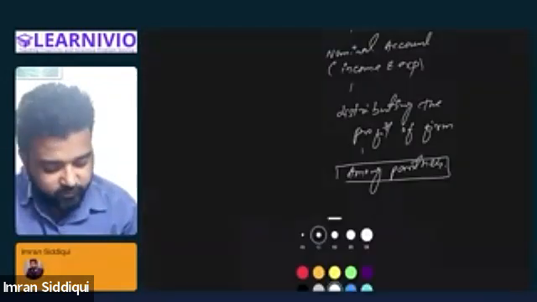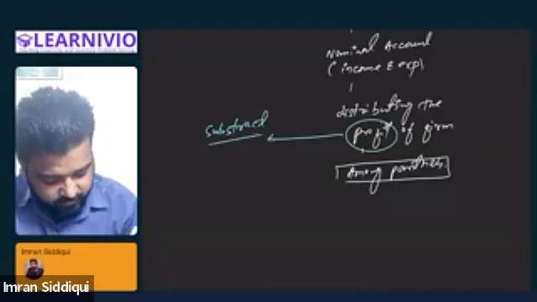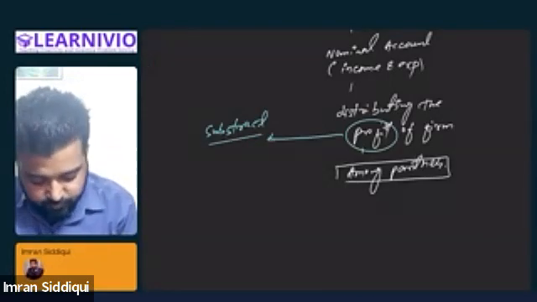But listen to me very carefully. The entire profit is not distributed among the partners directly. Out of profit, we subtract certain expenses, like the salary of the partner and the interest on capital that partners are going to get.